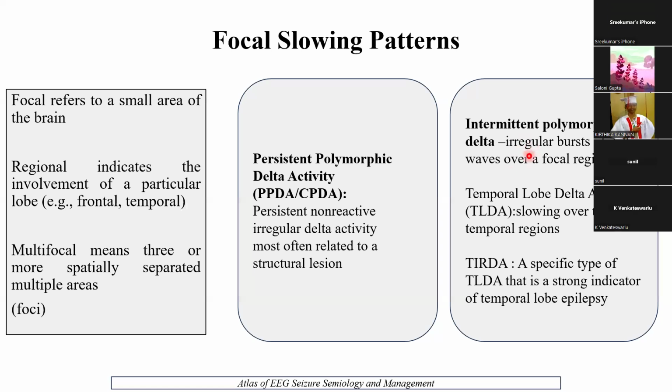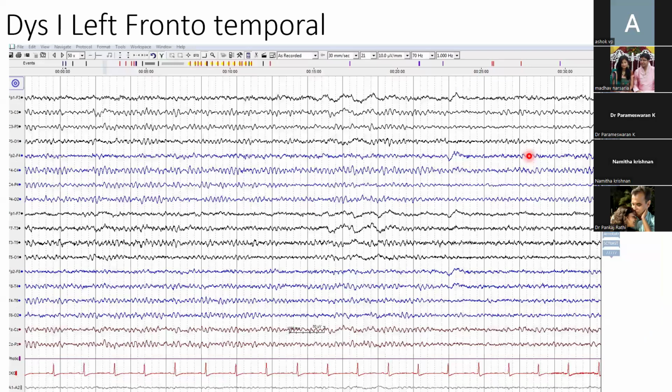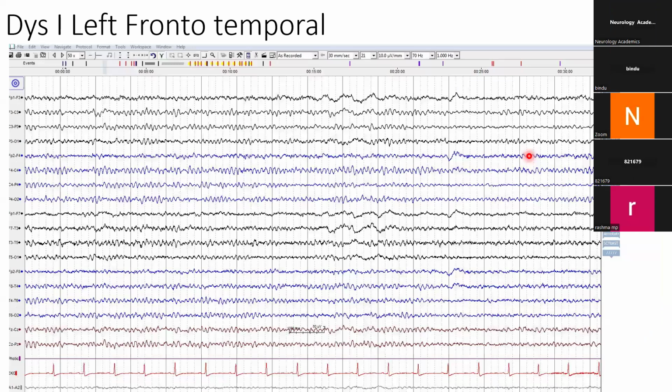Here we can see there is intermittent slowing over the left frontotemporal region. Since it is intermittent and of low amplitude delta activity, this can be classified as DIS 1 in the left frontotemporal region.